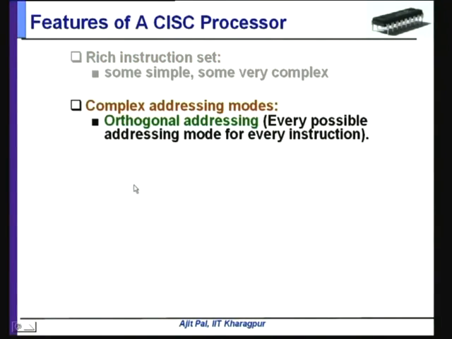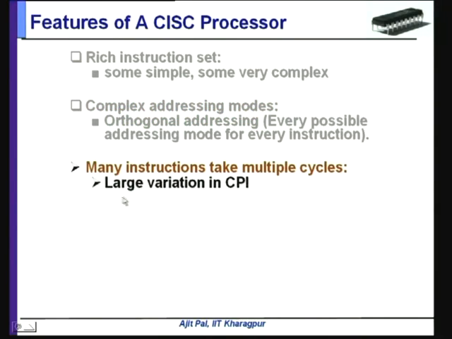These are the features of CISC architecture: rich instruction set, some simple, some very complex, and complex addressing modes. Many instructions take multiple cycles, as I have told. The instruction format can be complex, I mean variable, and there can be a large variation of CPI.